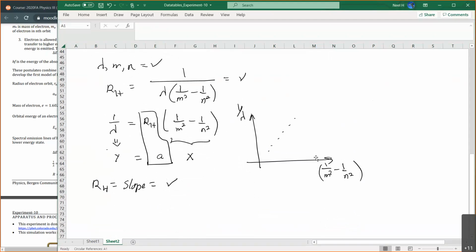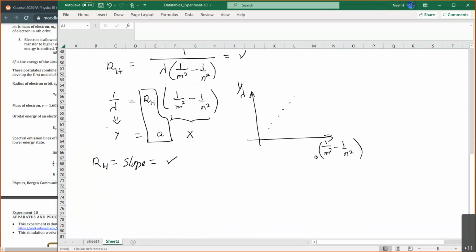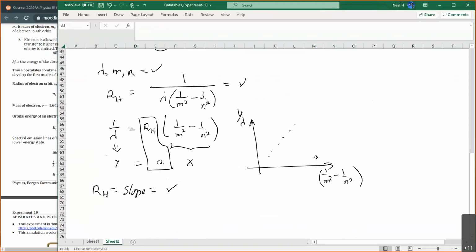If the atom is lighter, it matches fairly well, but if the atom is heavier, it doesn't match. We'll observe lambda and m, and check by calculating RH whether we get a reasonable value for RH for the heavier element or not. But we cannot really validate using the heavier element. Okay, so that's the plan.